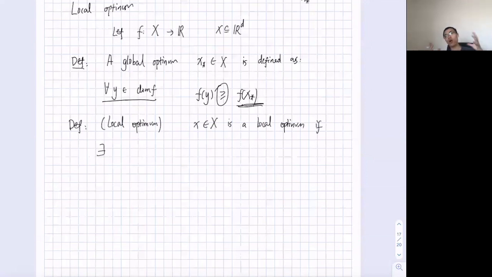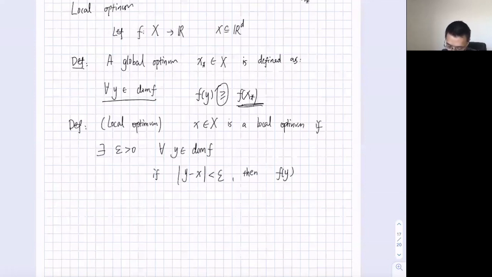It's only local, but I didn't mention how large the neighborhood is, so I just say there exists an epsilon greater than 0. Then for any other point in the domain, if the norm of y minus x star is less than epsilon, then f of y is greater than or equal to f of x star.